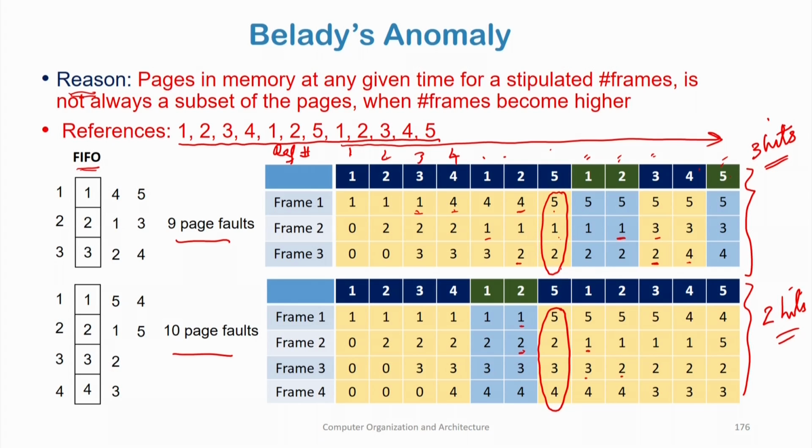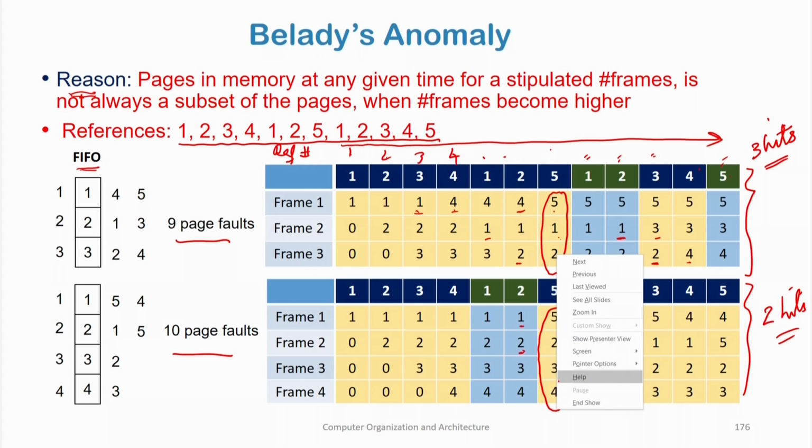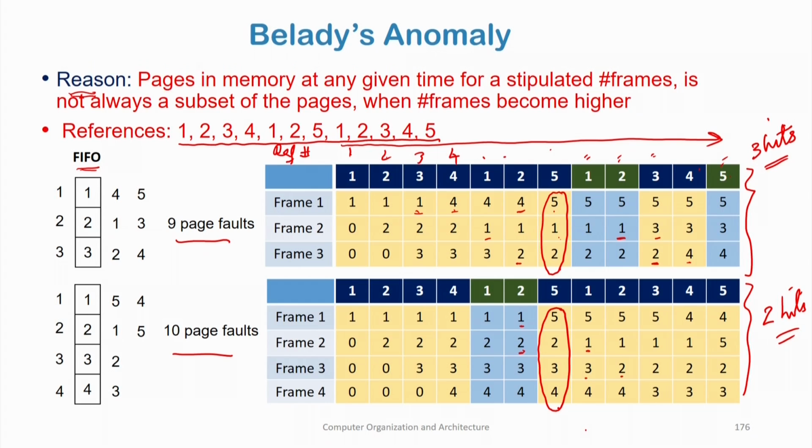Now, 5, 1, 2 is not a subset of 5, 2, 3, 4 when 1 is accessed. So when 1 is accessed, 1 is there in memory here, but at this point in time 1 is not there in the physical memory when I have 4 frames. So I have a miss here when 1 is accessed, but I have a hit here when 1 is accessed.